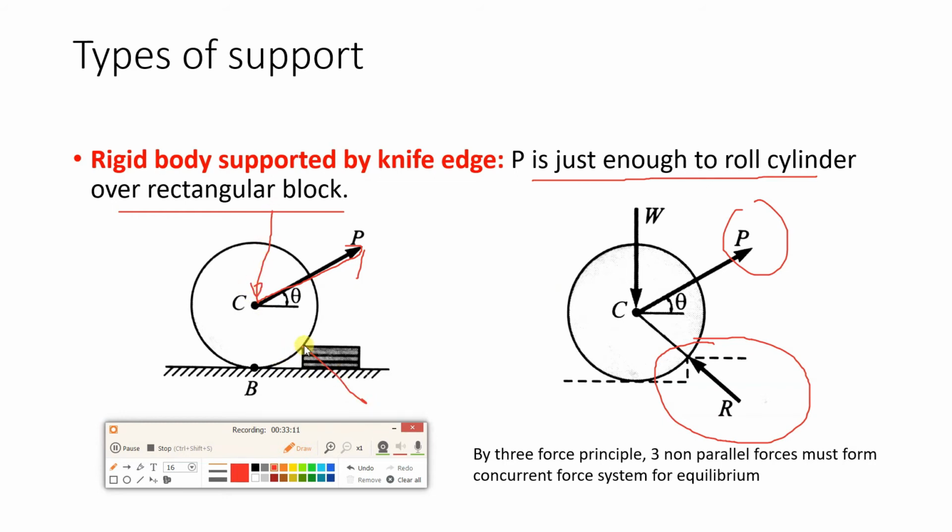But what about this reaction? This reaction can act about any point, no? But it acts through C only. Why? Because the body is in equilibrium and there are three forces. So by the three force principle, three non-parallel forces must form a concurrent force system for equilibrium.